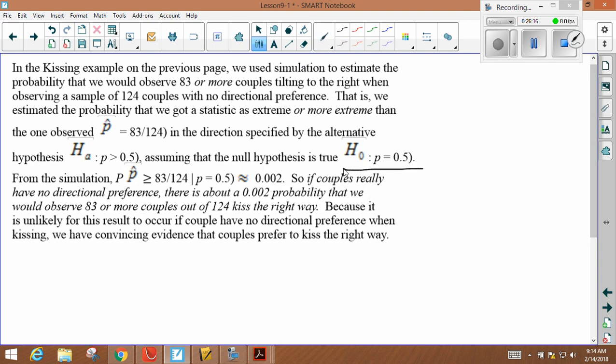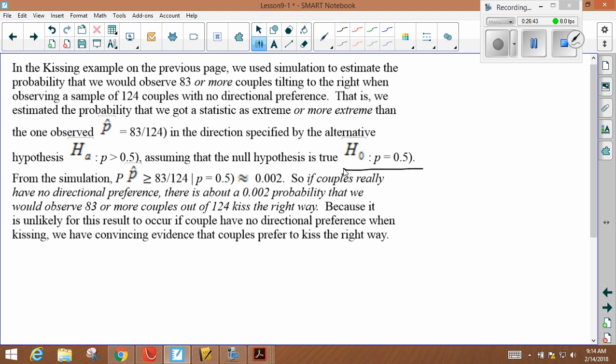Let's interpret this null hypothesis, okay? We're saying that we think that p, the actual proportion of people, is half, right? It would make sense that if there's no influence, right? Think about it.